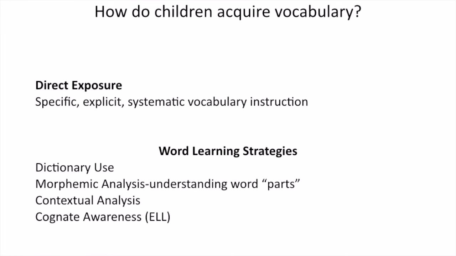Direct exposure refers to vocabulary experiences that are designed by a teacher or parent to specifically teach vocabulary words. We will be discussing later in the video these different word learning strategies that are a part of direct exposure.